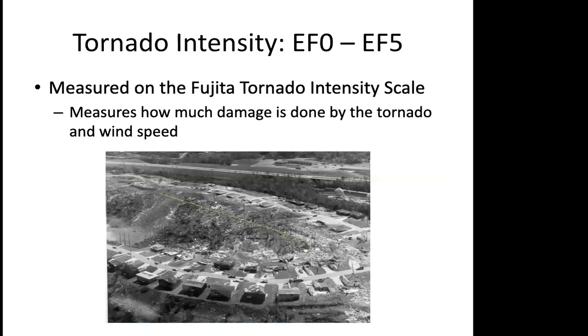So this is just talking about tornado intensity, so how intense tornadoes can actually be. They go from an EF0 to an EF5. When we're talking about EF, we're talking about the Fujita Tornado Intensity Scale, okay? Anybody ever heard of it? So like Fuji top.